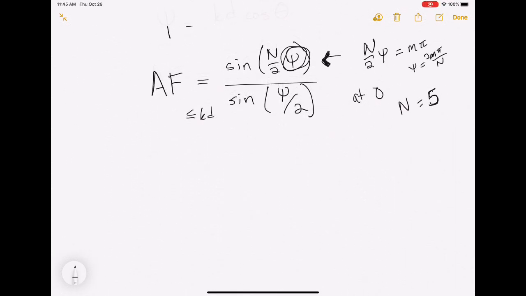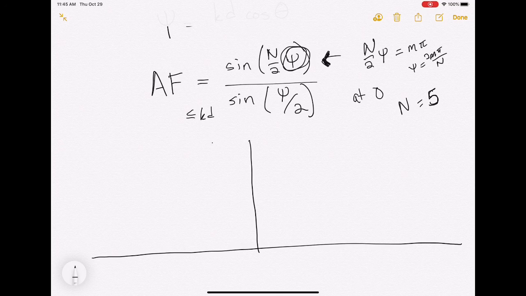If we plot the array factor as a function of psi, and I'm going to plot the absolute value because for antenna applications, that's really what's most relevant. We have a maximum at psi equals 0. We'll have another maximum at psi equals 2 pi.